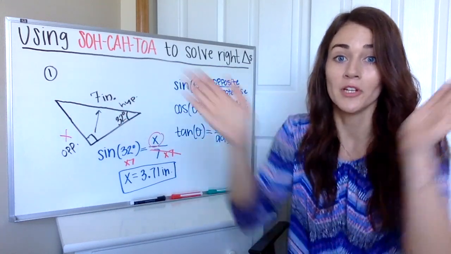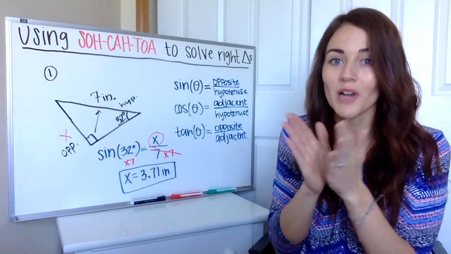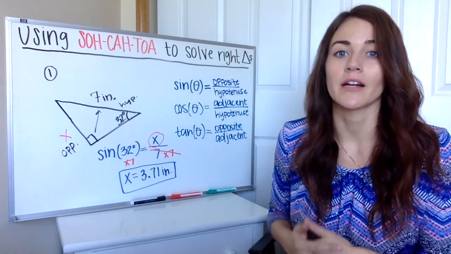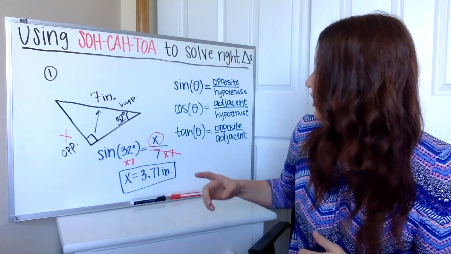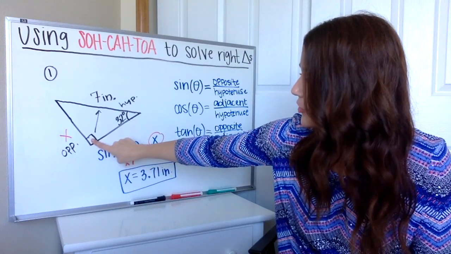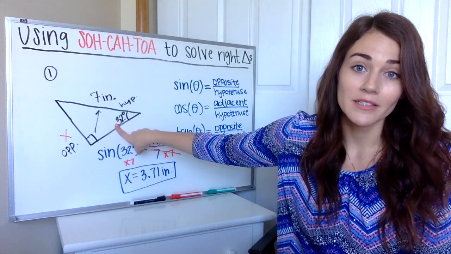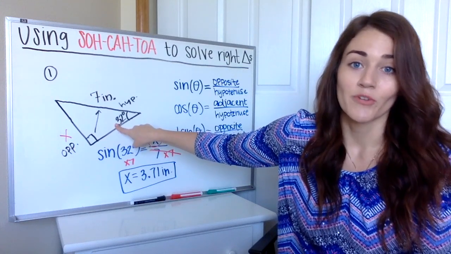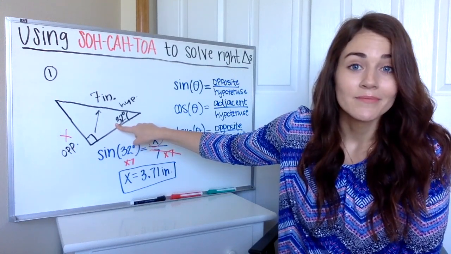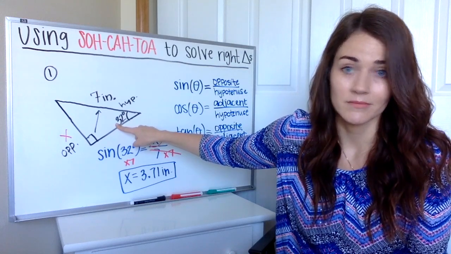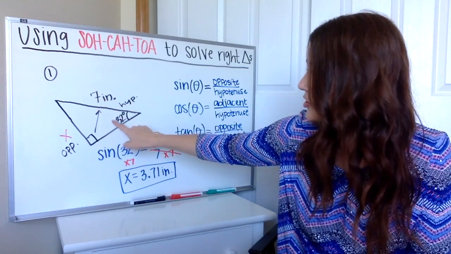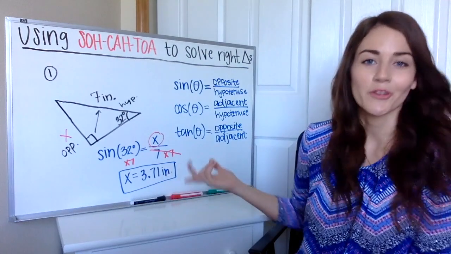If you have a bigger angle, it's going to be longer over there. If you have a smaller angle, it's going to be shorter across there. Okay, so we know that across from the 90 degrees, it was 7 inches. Now we're looking at 32 degrees. So if I got 12, we know that doesn't make sense, right? Because 90 degrees got a 7, so we should expect something smaller, like 3.71.